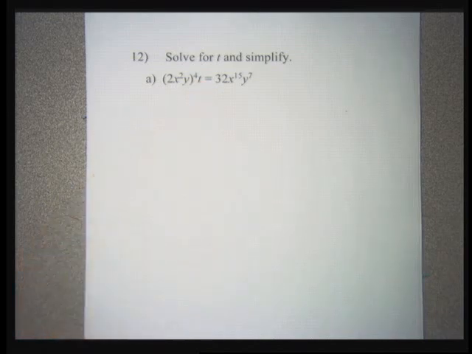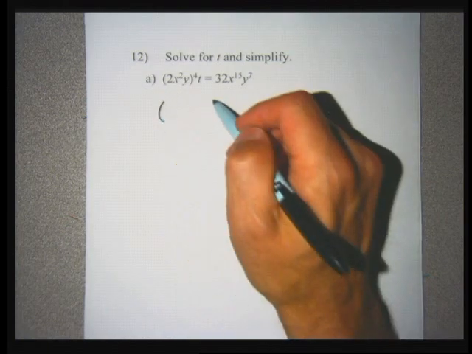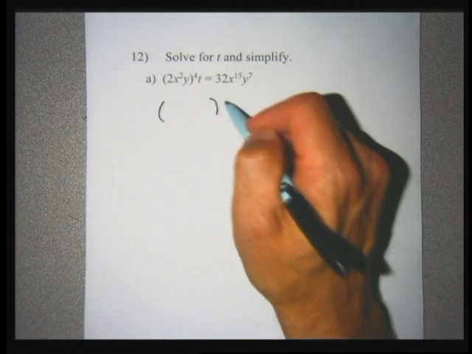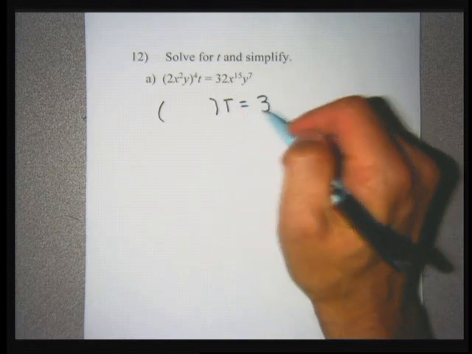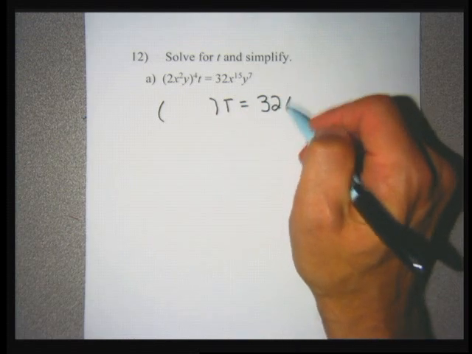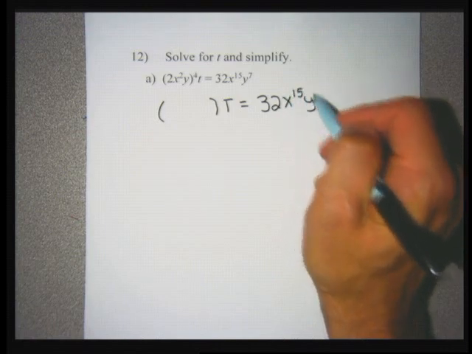So as I get into 12a, I'm going to clear the parentheses. I might actually leave the parentheses here temporarily. But I'm going to rewrite the left side so it doesn't have that fourth power in front of the parentheses.